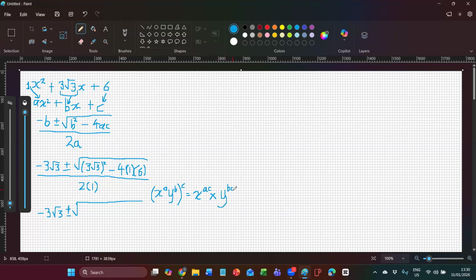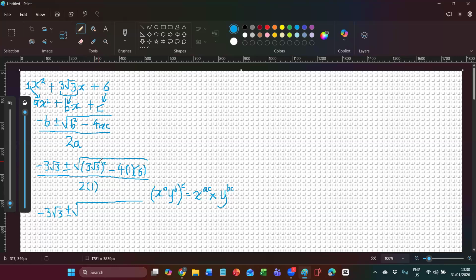Do you remember this law? Oh, yes, that one. Power inside, power outside. Okay, all right. So if this is the case, then what I have here, 3 times surd 3, that surd 3 is just the square root of 3, which means 3 raised to the power half.